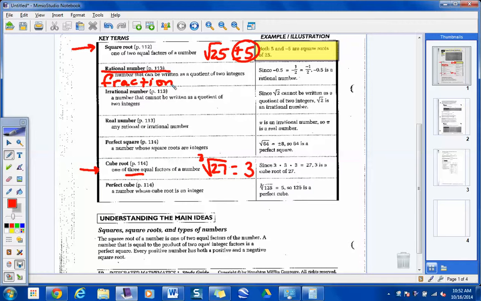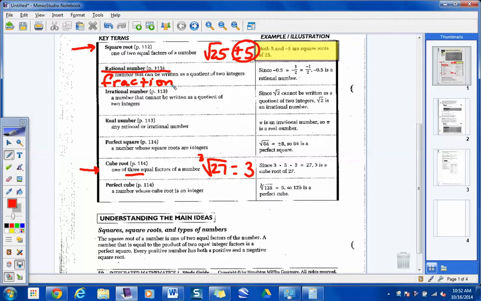And when I say fraction, I'm talking about one whole number over another whole number. Like 1/2 would be 1 over what? 1 over what? 2. Okay? 1 is whole, 2 is whole. This negative 0.5 is negative 1 over 2. All right? Rational.